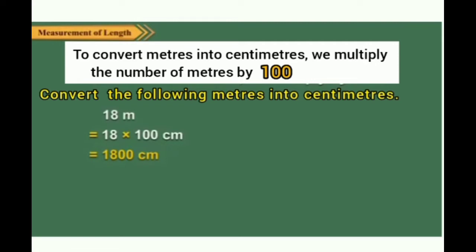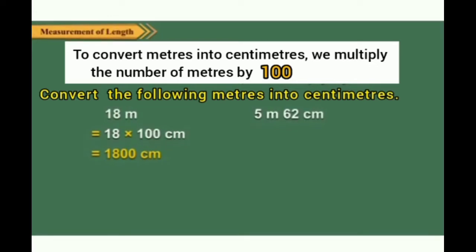Let's take another example. Convert 5 meters 62 centimeters into centimeters. To convert 5 meters 62 centimeters into centimeters, first we should convert meters into centimeters. Here we have 5 meters. So first we should convert 5 meters into centimeters. And to the answer we should add 62 centimeters. To convert 5 meters into centimeters, we should multiply the number 5 with 100, then add 62 to it.